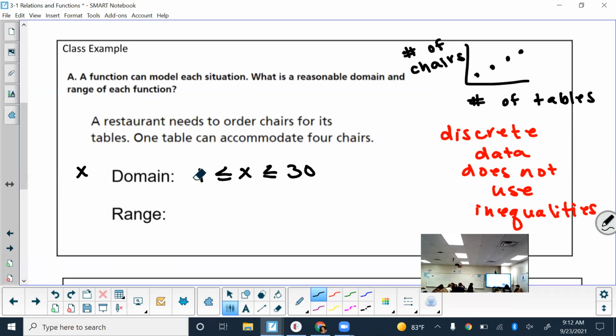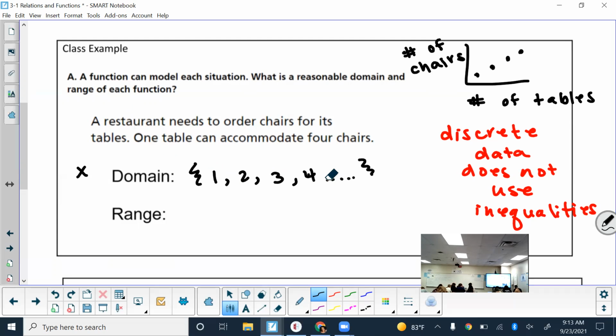All right. The range, oh, I keep writing it as an inequality, but it's not, sorry. I'm just used to it. So we're going to make this a list instead. We start at 1, and then 2, 3, 4, and then we could put some dots that it just continues in that direction.